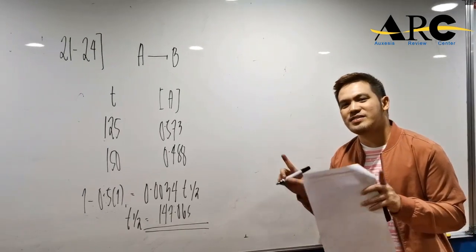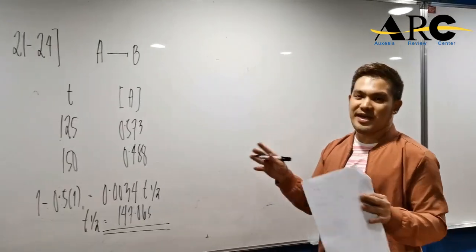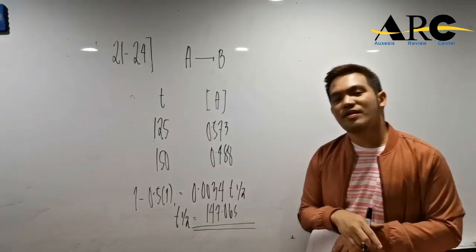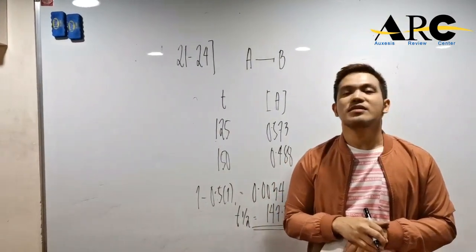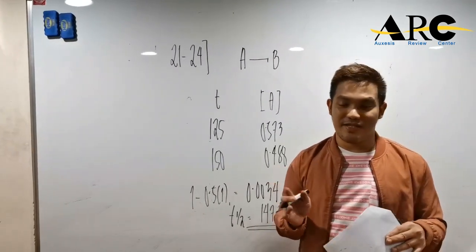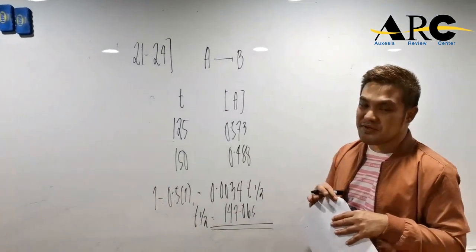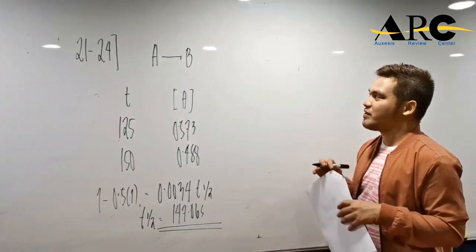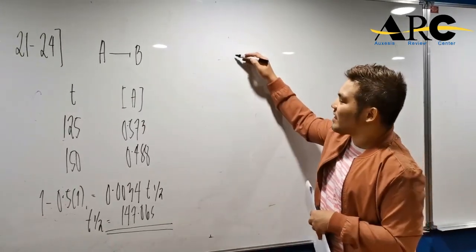Sabi natin, once na nagbago yung temperature, magbabago yung K, di ba? Meron nga tayong rule of thumb. Naalala nyo yung chemistry, isa sa mga factor na nakaka-affect sa rate ng reaction is temperature. Meron nga tayong sinasabi na for every 10 degree rise, dumodoble daw yung rate ng reaction.